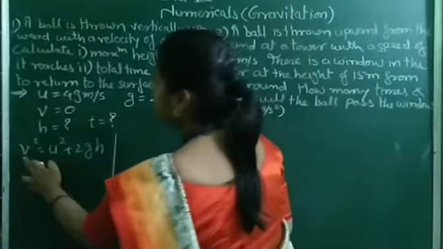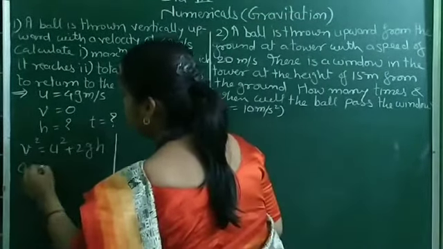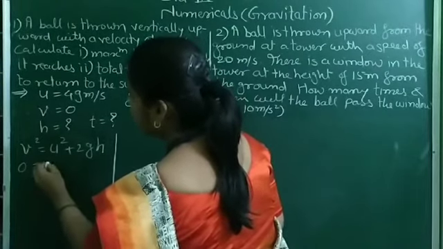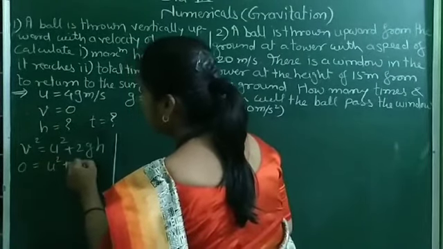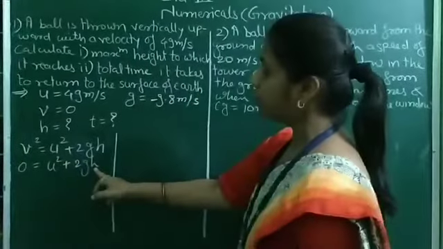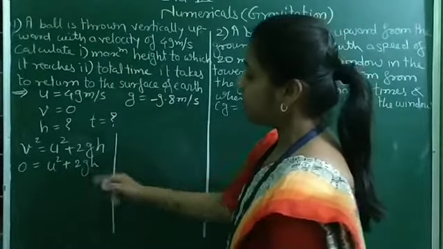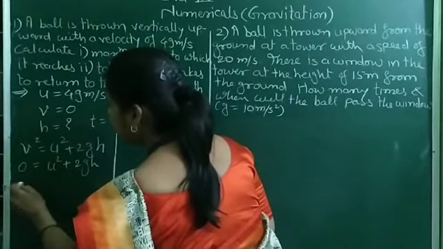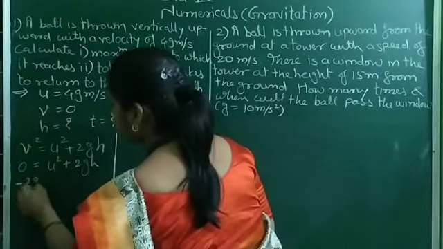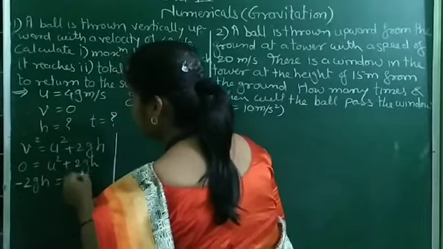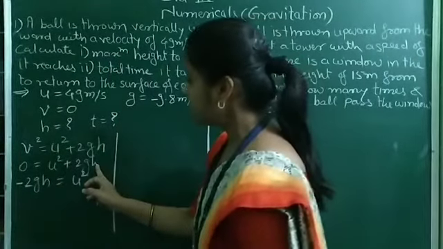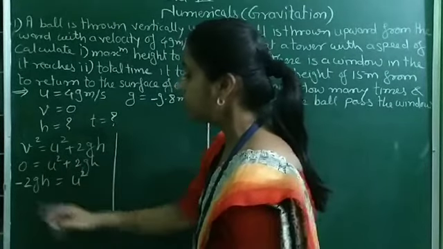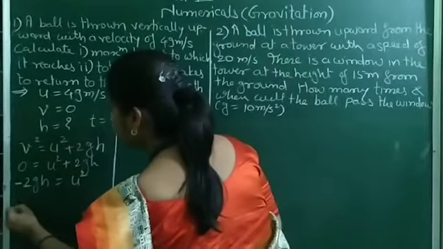Now the value of v will be 0 is equal to u is 49, or we can say u square plus 2gh. Now what we have to find? We have to find the value of h, and therefore we say that it will be minus 2gh is equal to u square. So 2gh is on the left hand side, therefore plus 2gh becomes minus 2gh, and now we will put the values.